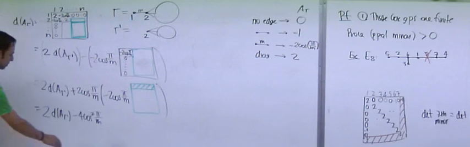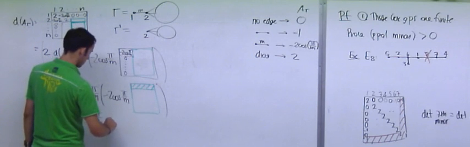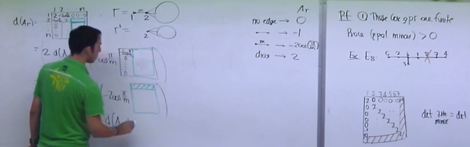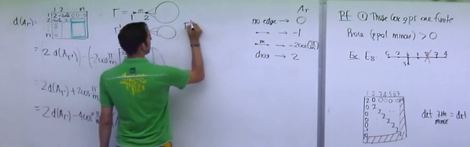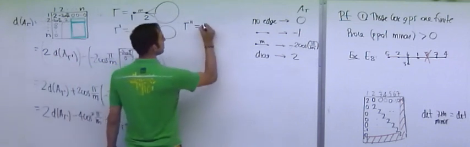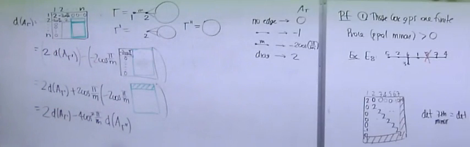And so this thing right here is the value of d of a gamma double prime, where gamma double prime is obtained from this guy by further removing vertex 2.